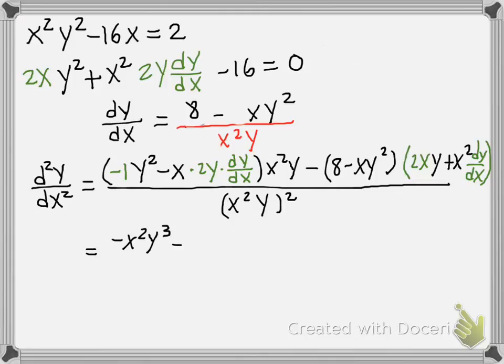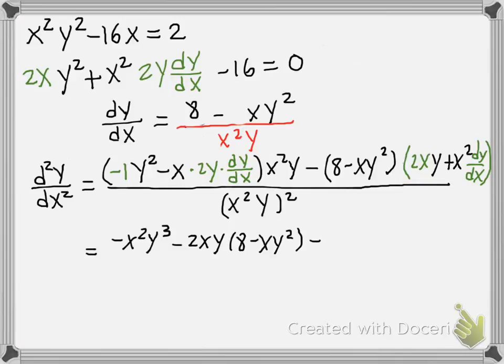We subtract 2xy times dy over dx. We need to replace it with the expression for dy over dx. Well, when it is multiplied by x squared y, we should get 8 minus x y squared.